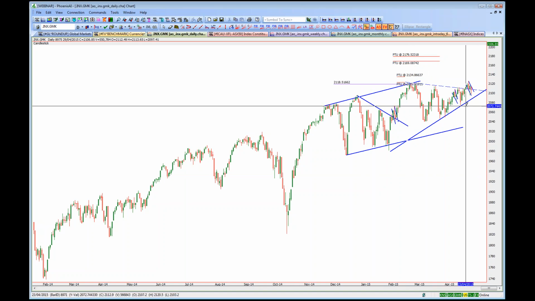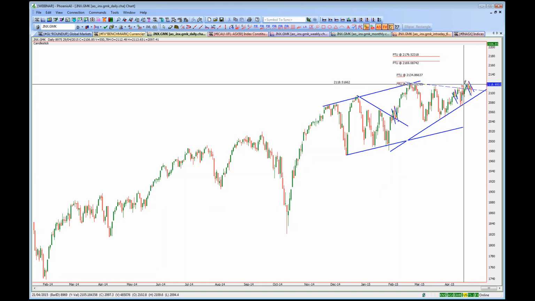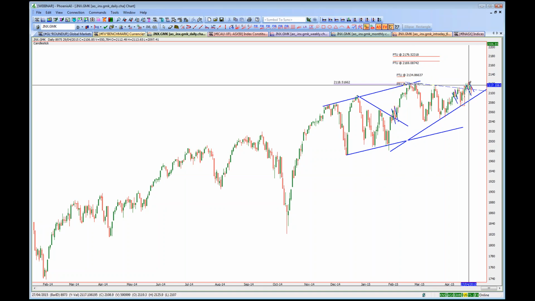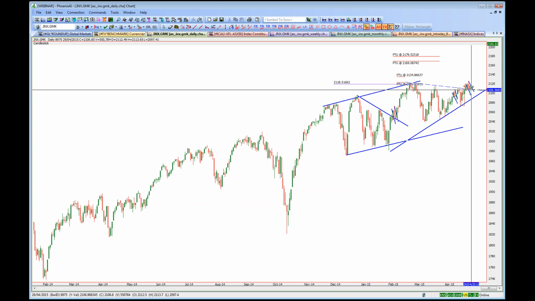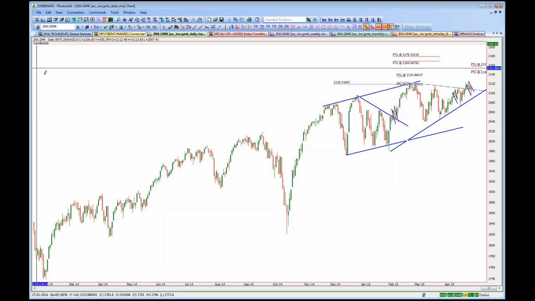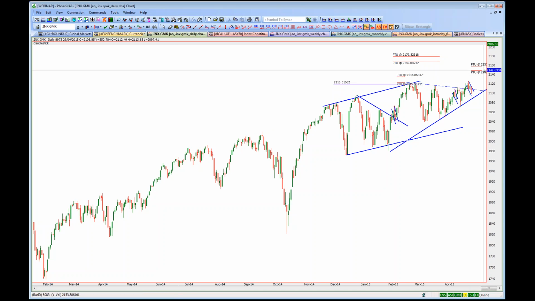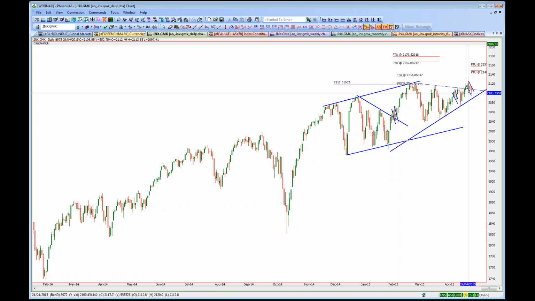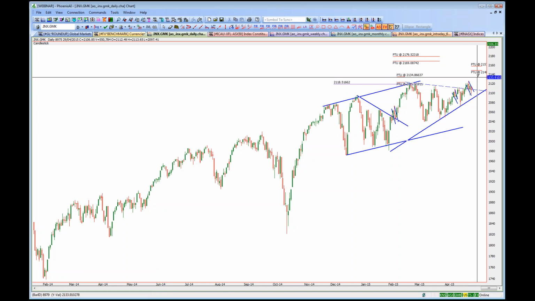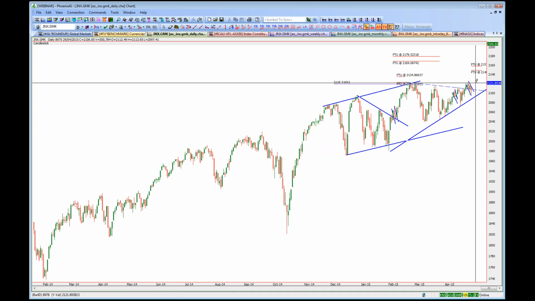So if we're trying to work out our price projections for this, we click at the bottom here, and if I'm taking the tail, just go to the highest body. It's a little bit more conservative, and this is only an estimate. So if it does break on the upside, basically what that is looking at is the 2148 or so to 2150, but it has to break to the upside first. So if the Dow goes up tonight and breaks up, that's what we've got to be looking at as the next move.